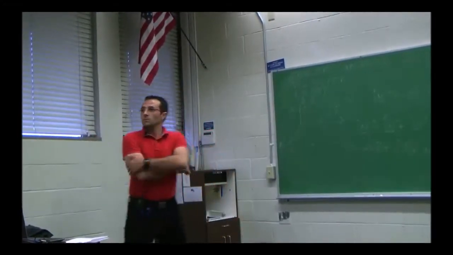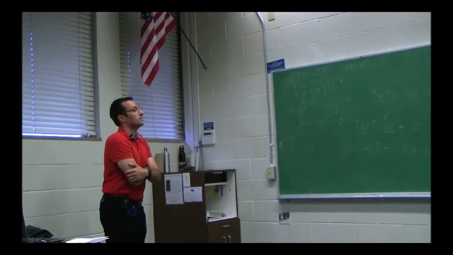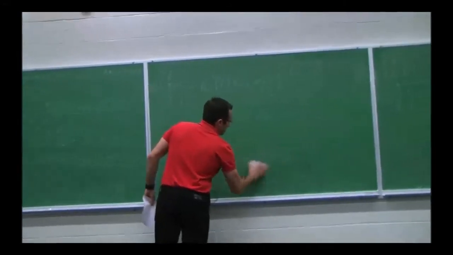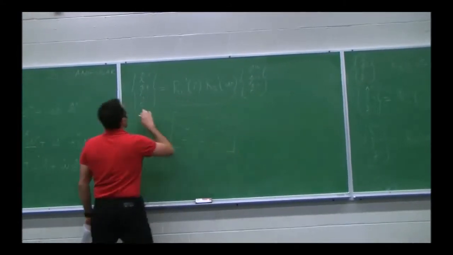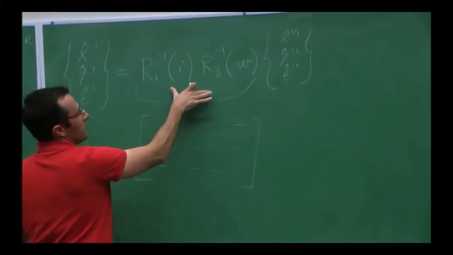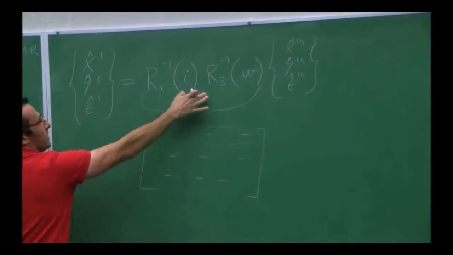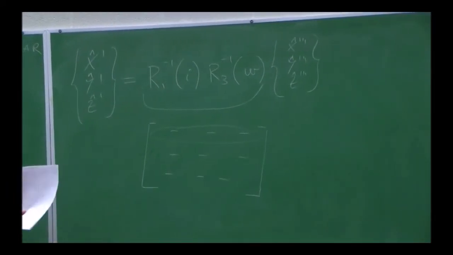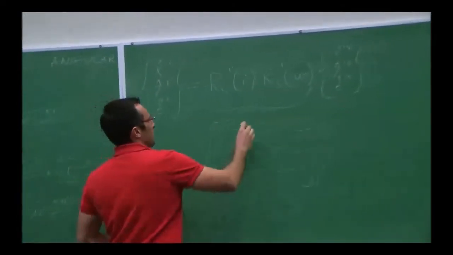Yes? Can you repeat one more time what that first row represents? Yes. We agree that here we have the basis with the prime that is equal to a 3 by 3 matrix, because R1 and R3 are both 3 by 3 matrices. If I invert them, they're still 3 by 3, and if I multiply them together, it's still a 3 by 3 matrix.